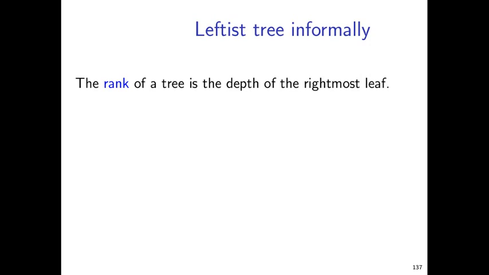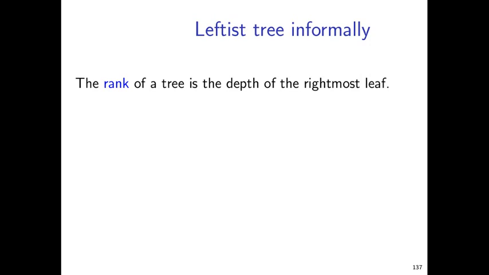Like this, then the rank of this tree is the depth of the rightmost leaf. So how deep is the rightmost leaf? Depending on how we define it, 2 or 1. To be honest, I have to look at the definition before I fix it to 2 or 1 here. So let's say it's 2.